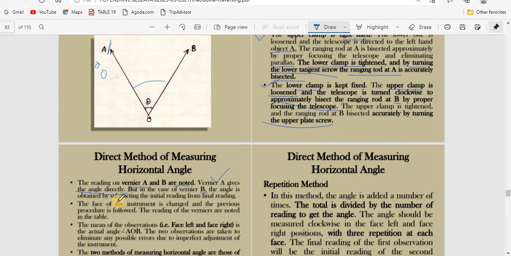But in case of vernier B, as I've told you, the reading at vernier B is generally 180 degrees. So the angle is obtained by subtracting the initial reading from the final reading. Suppose the initial reading was 180 degrees, and the final reading comes out to be, suppose, 200.